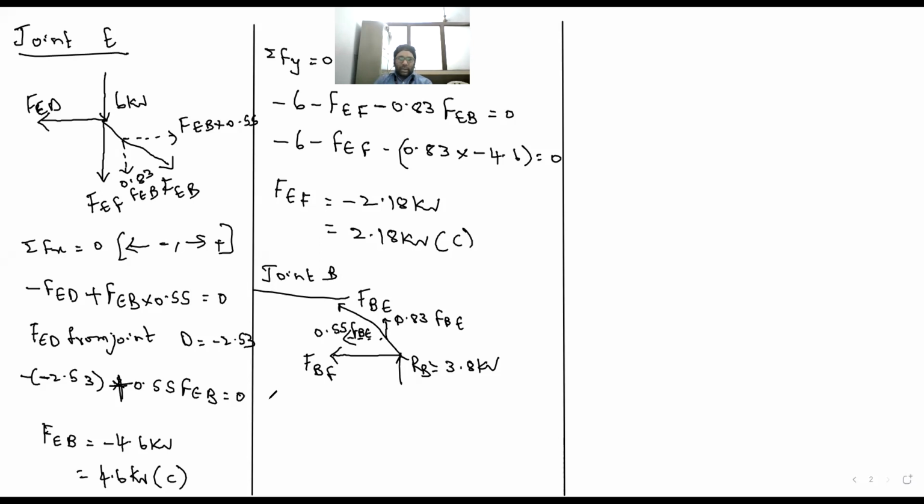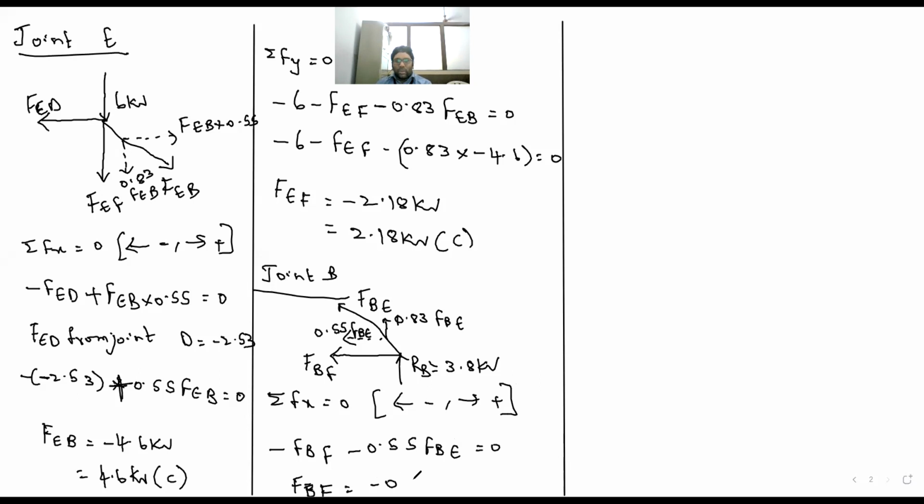Yes, sigma Fx is equal to 0. This is negative, this is positive. So minus FBF minus 0.55 FBE is equal to 0. So FBF is equal to minus 0.55 FBE. Correct, right?